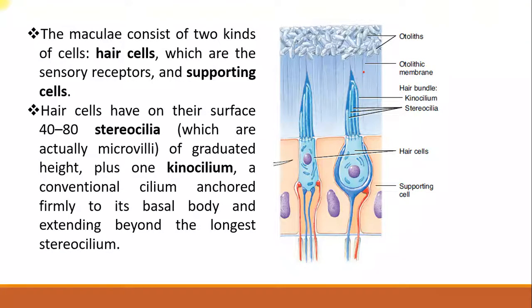The maculae consist of two kinds of cells: hair cells, which are the sensory receptors, and supporting cells. Hair cells have on their surface 40 to 80 stereocilia, which are actually microvilli of graduated height, plus one kinocilium, a conventional cilium anchored firmly to its basal body and extending beyond the longest stereocilium.